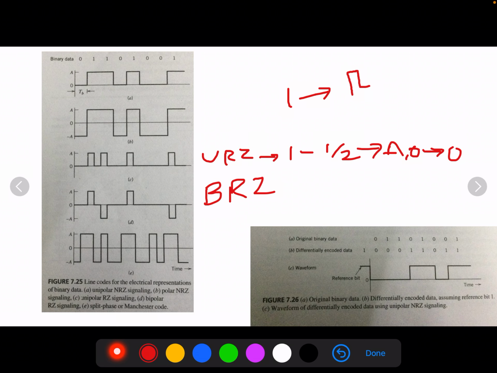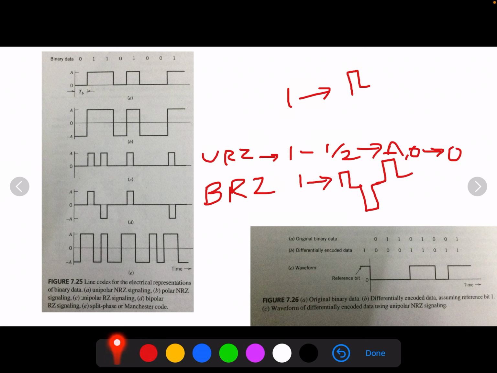For the first occurring 1, it will be plus A and neutral. For the next one, it will be in the reverse direction, minus A and neutral. For the next occurring 1, wherever it occurs, even after a series of zeros, it will be plus A and neutral.